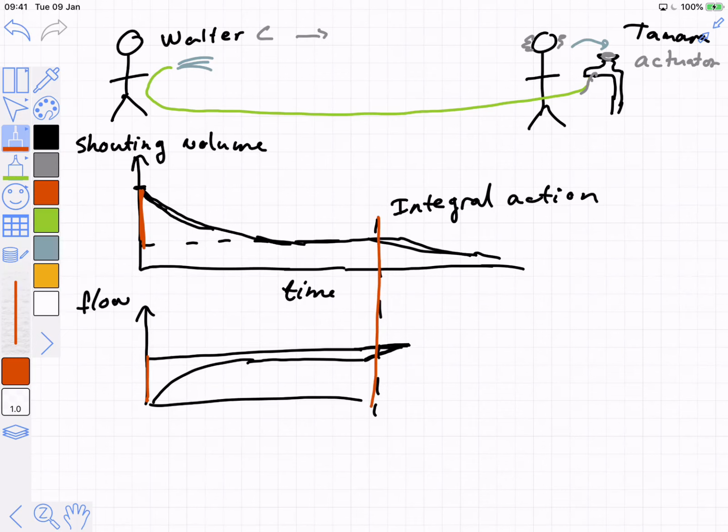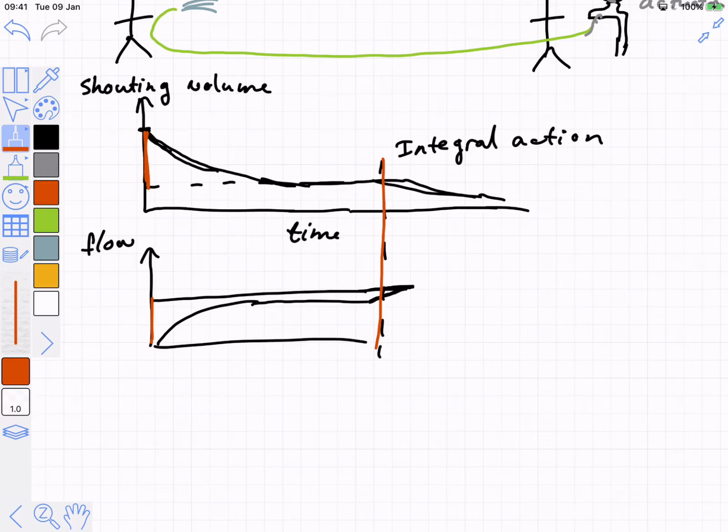Now, in real life, it's a lot easier to build devices that do both of those things at the same time. You can just say, this thing just has those things added together. And this is really how these controllers are implemented.